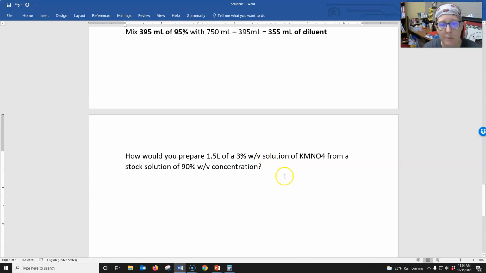Now, sometimes if it says, for example, how do you prepare a 10% bleach solution, 250 mils of a bleach solution, what you have to assume is that your stock concentration, if they just say bleach, is 100% bleach, so then your C1 is going to be 100%. And so if you want to, we can just do that.